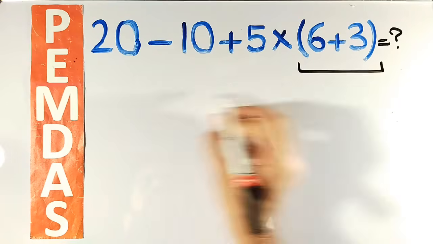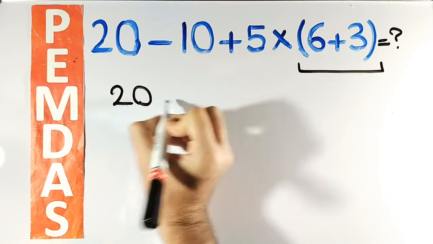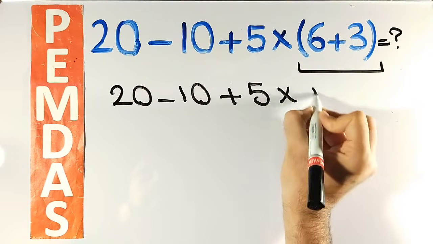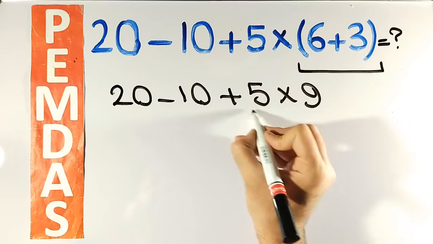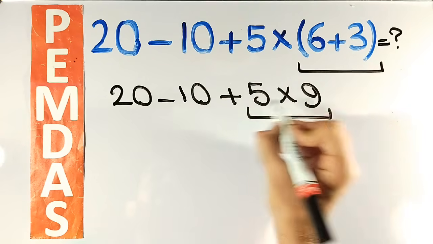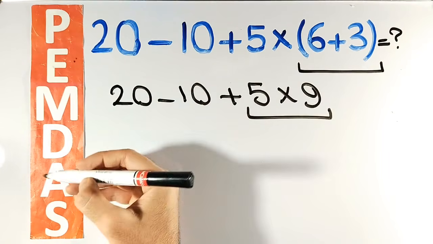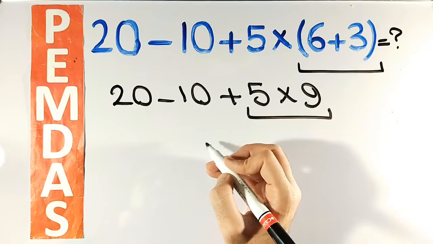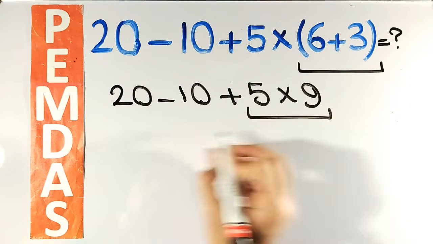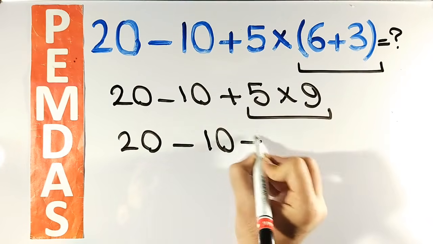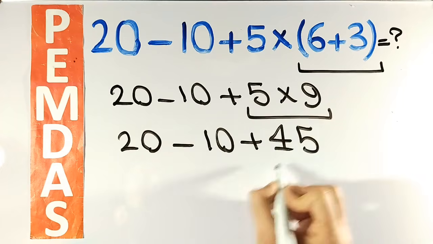So, instead of this expression, we can write 20 minus 10 plus 5 multiplied by 9. And the next step, we go for the multiplication between 5 and 9, because multiplication has a higher priority than addition or subtraction. So, instead of this expression, we can write 20 minus 10 plus 45.